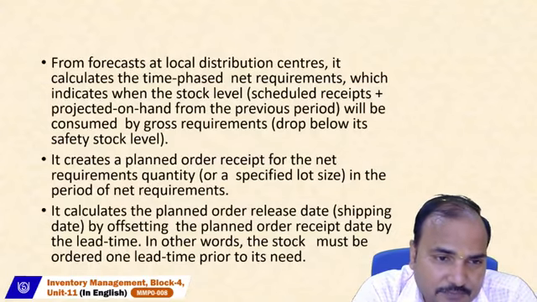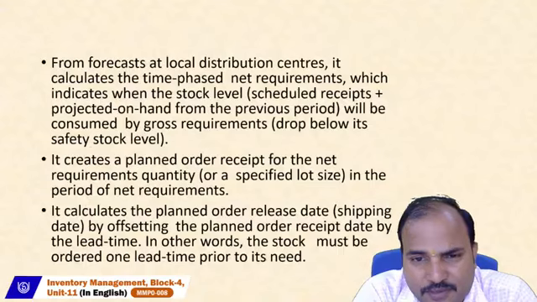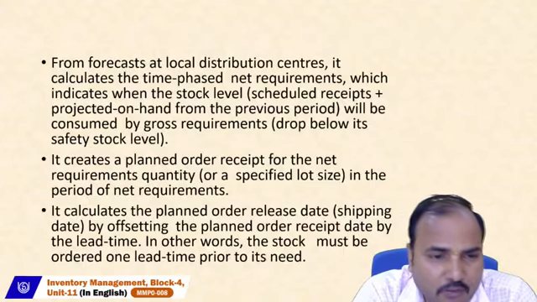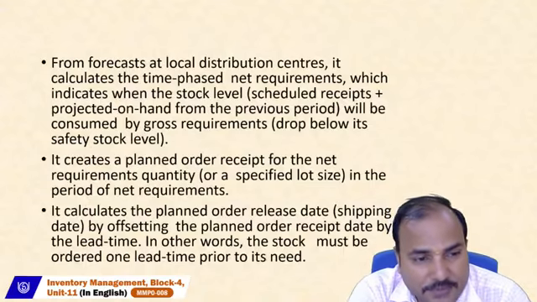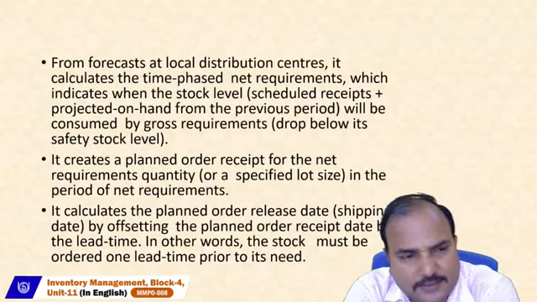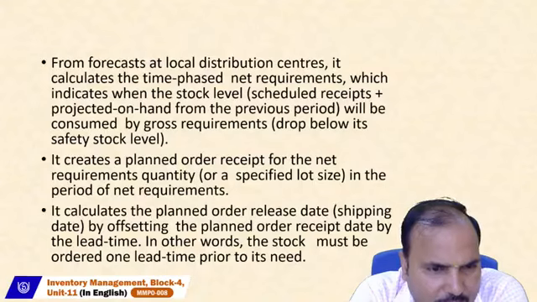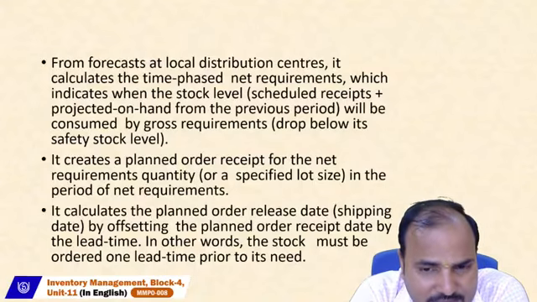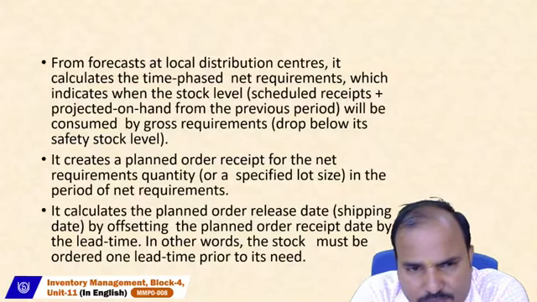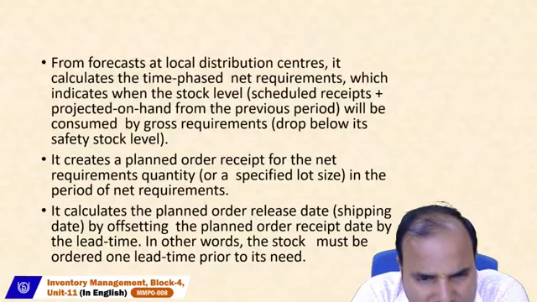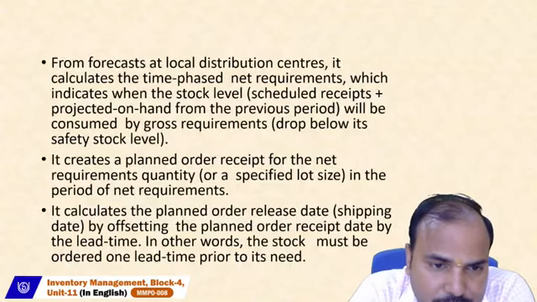It creates a planned order receipt for the net requirements quantity in the period of net requirements. It calculates the planned order release date by offsetting the planned order receipt date by the lead time. In other words, the stock must be ordered one lead time prior to its need.